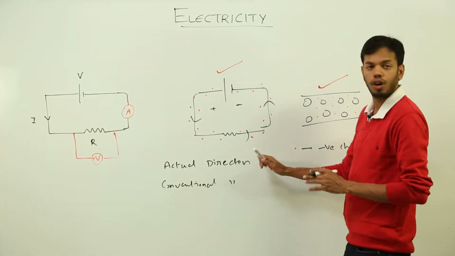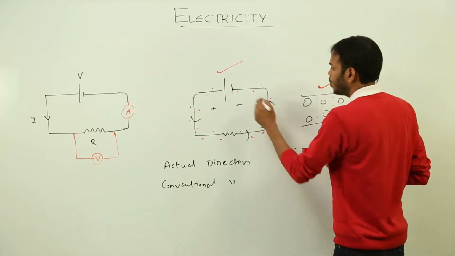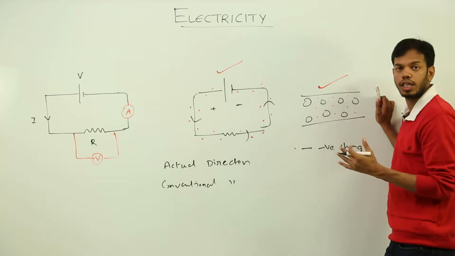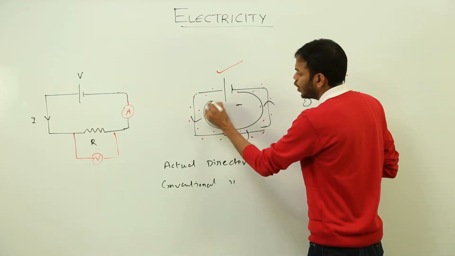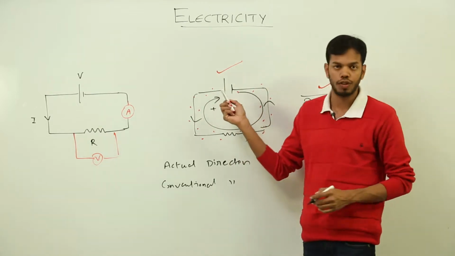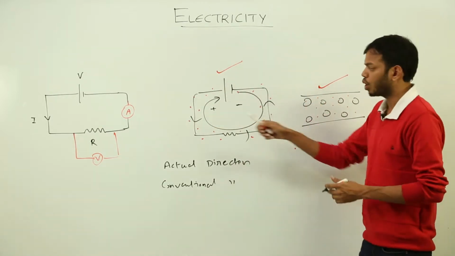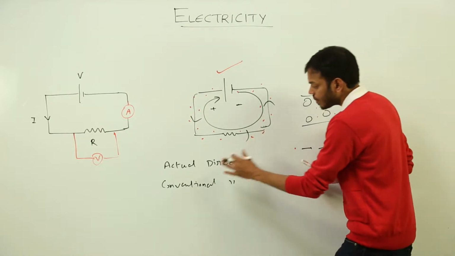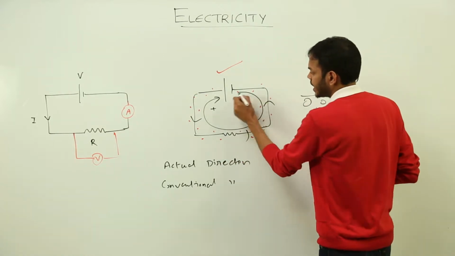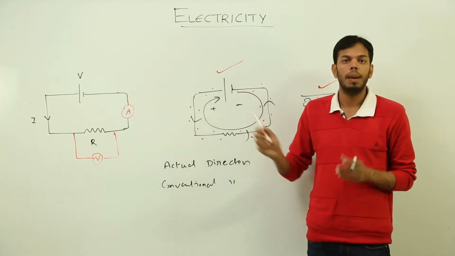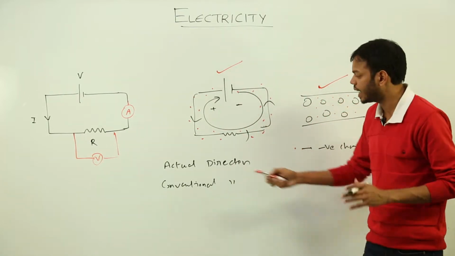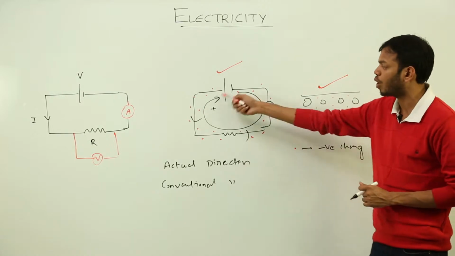So the actual direction of current is from negative to positive, because these electrons are actually what? Negatively charged. So negatively charged particles are always going to go towards the positive terminal of the battery or the cell because of the attraction. But we do not take the real direction of current, which is from negative to positive. We take the conventional direction of current which is from positive to negative.